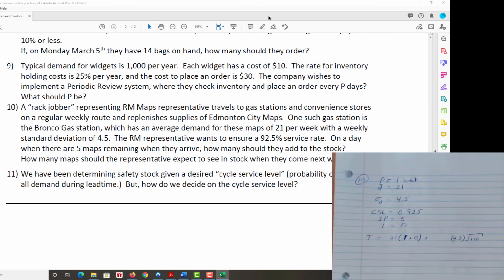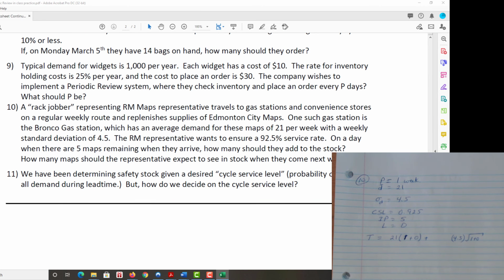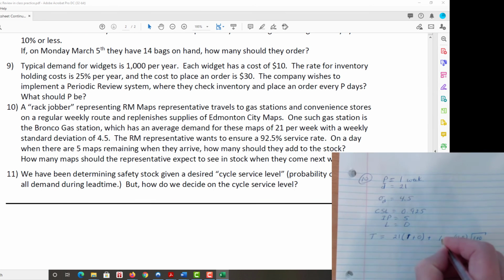So let's bring in our Excel, because we have a slightly different cycle service level. Instead of 0.9, let's put in 0.925, and get 1.44. Okay, so let's use 1.44. Now we just plug T through.